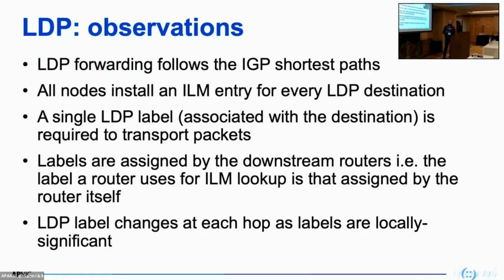So for traffic engineering, we need a new protocol called RSVP-TE, or Resource Reservation Protocol Traffic Engineering. So with MPLS, at least two additional protocols come into the picture and are a requirement if you want to do traffic engineering as well.